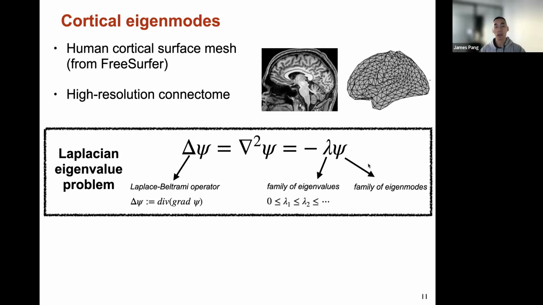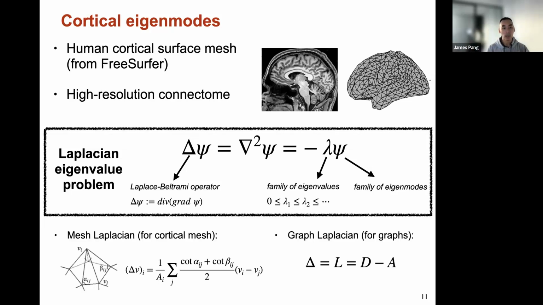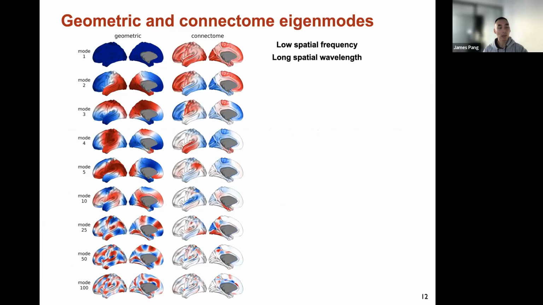One eigenmode has its own intrinsic eigenvalue. And you can approximate the Laplace-Beltrami operator depending on if you start studying the cortical mesh or the connectivity matrix. By doing so, you can get these geometric and connectome eigenmodes.